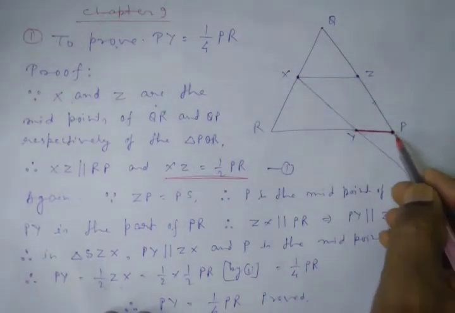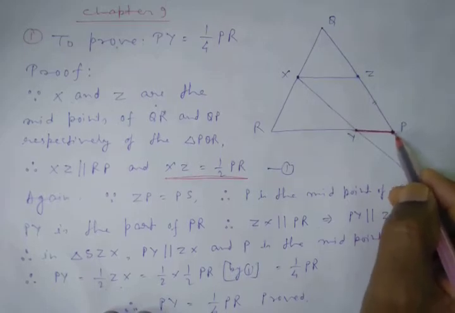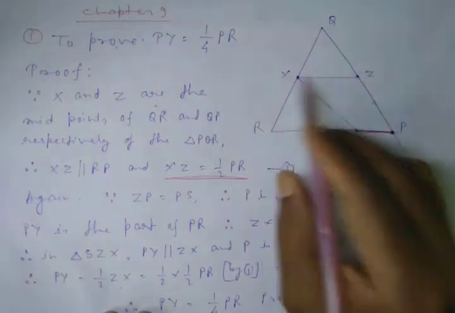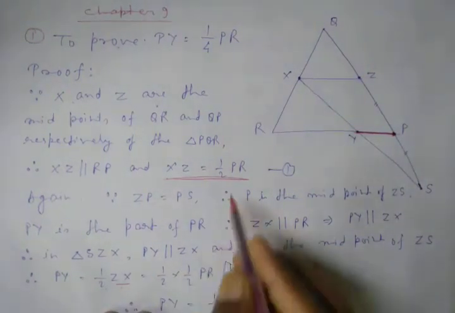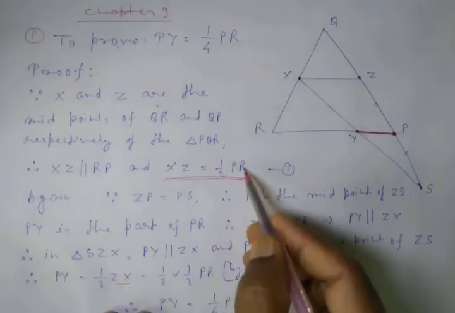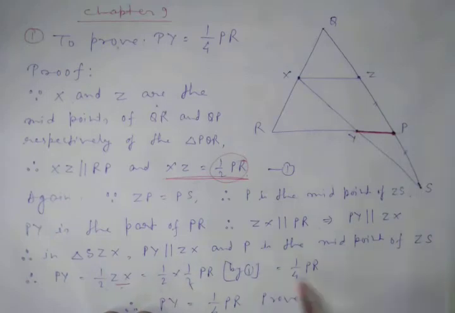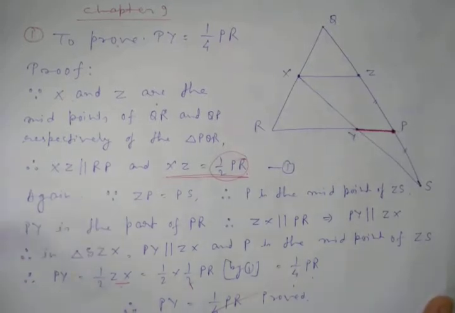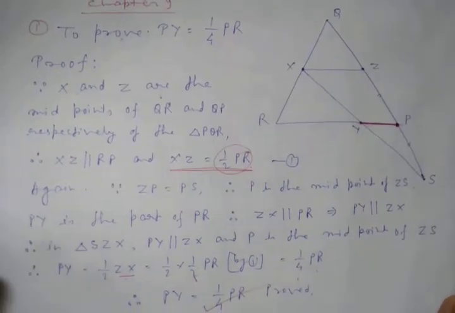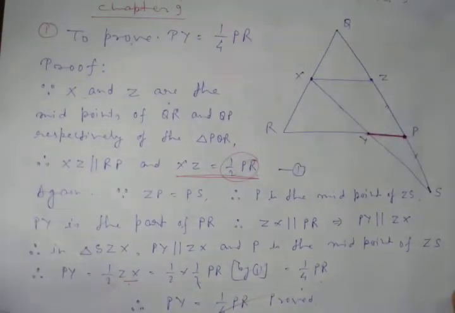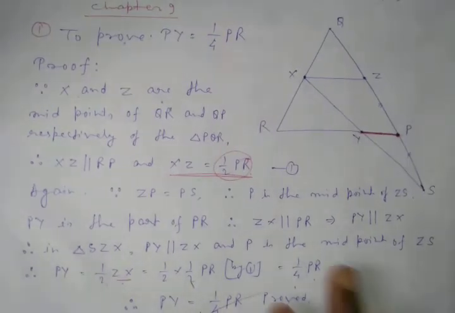So again, by the converse of the midpoint theorem, PY equals half ZX, and ZX is already half PR. So put this value here, then solve, and you will get 1 by 4 PR. So this is the proof, and this is the solution.